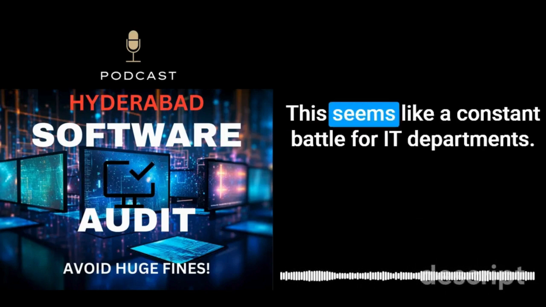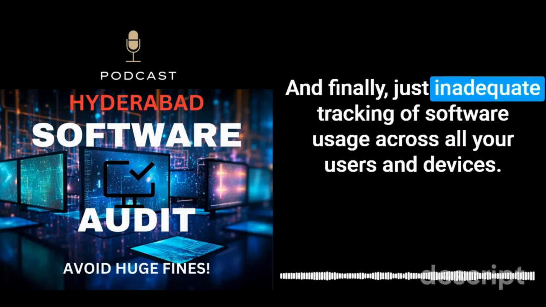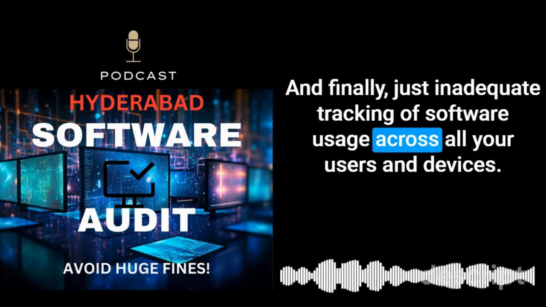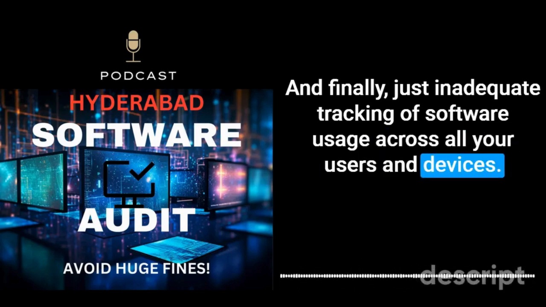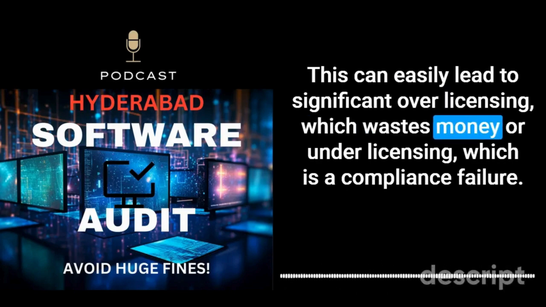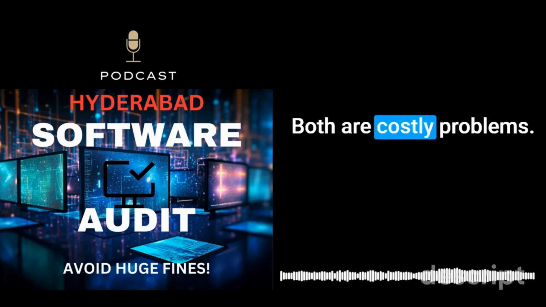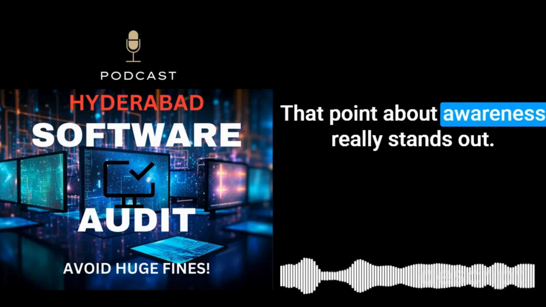Huge risk. Yeah, that seems like a constant battle for IT departments. It is. And finally, just inadequate tracking of software usage across all your users and devices. This can easily lead to significant over-licensing, which wastes money, or under-licensing, which is a compliance failure. Both are costly problems.